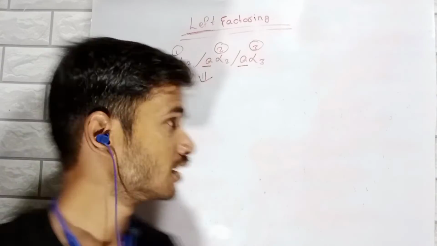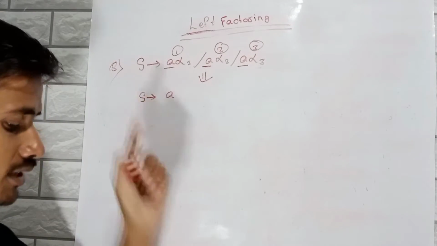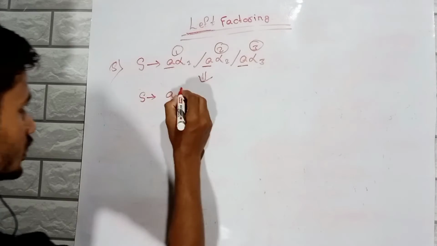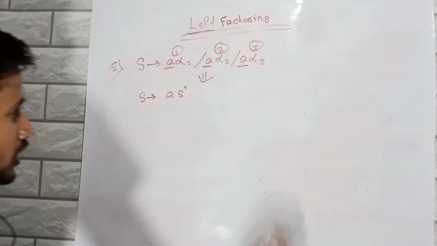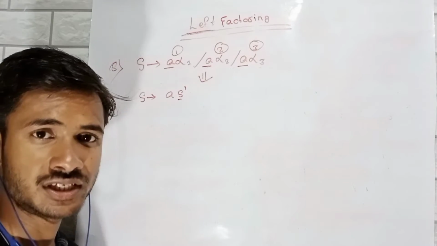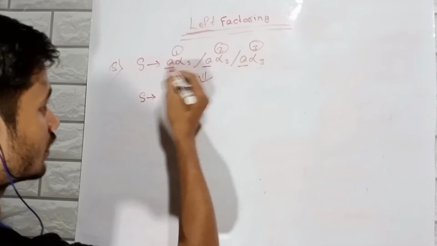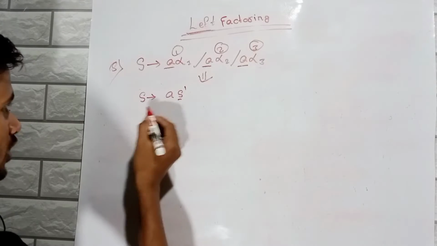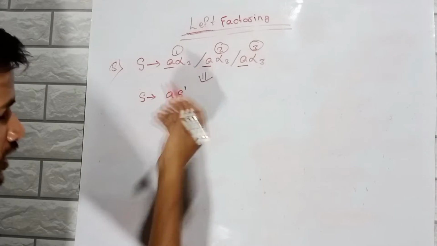You can see nothing is common other than A. Then simply I will write a new symbol, that is S dash. For this you can write any symbol, A, B, C, D, anything that is not present in the given production. For convenience I write S dash.